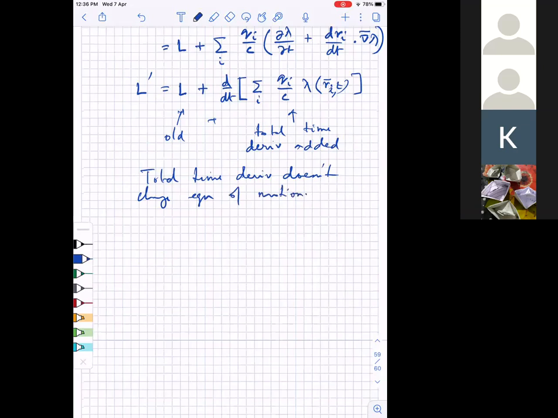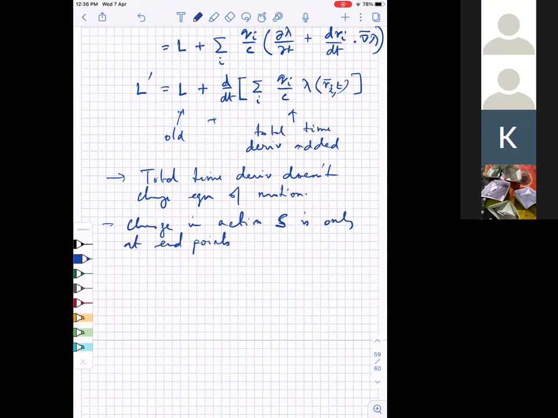And so the change of the action is only due to, when you have a total time derivative, only due to the endpoints. So the change in action is only at the endpoints.